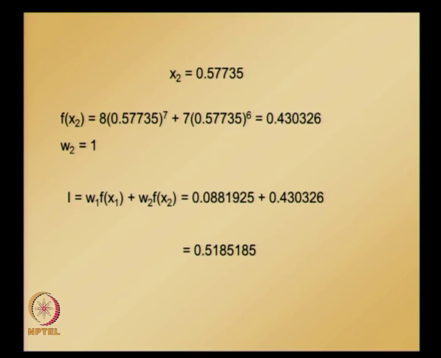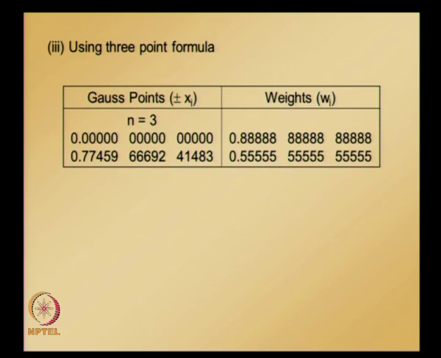So, now let us redo this integral evaluation in 3 points. For 3 points, the coordinates and weights from the table can be easily read, these are the values of points and weights.